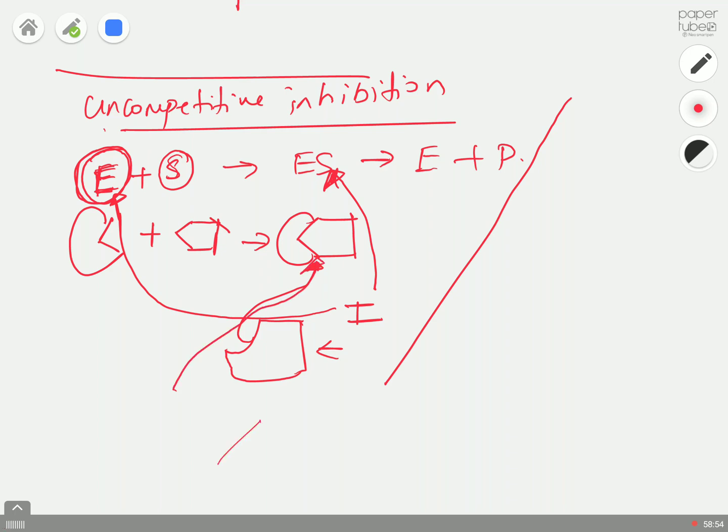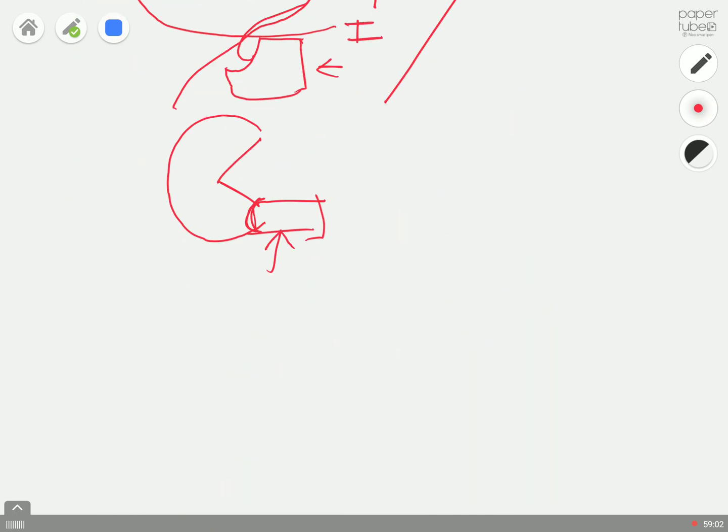So probably your enzyme substrate complex may have some special binding pocket where your inhibitor can go and be accommodated. So instead of an enzyme inhibitor complex, you will have an enzyme substrate inhibitor complex, a slightly different type of complex. For this we need to derive some expressions, so we will do that in the next lecture.